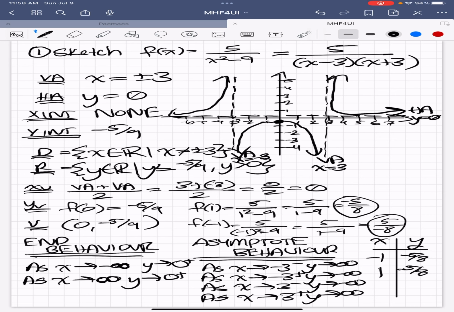Okay, so there are two extra points that we accounted for. It's just to check for the accuracy of the graph. And there you go. So the graph is completely finished.